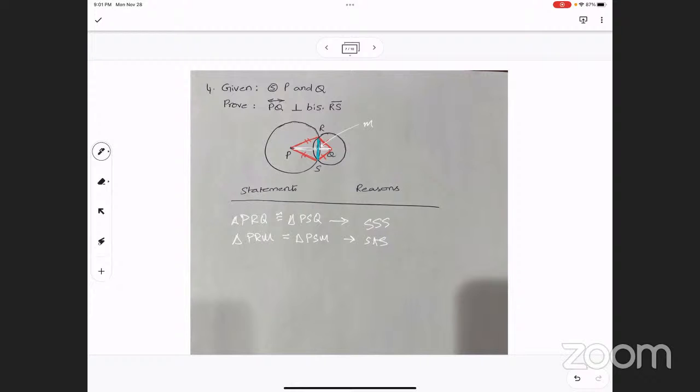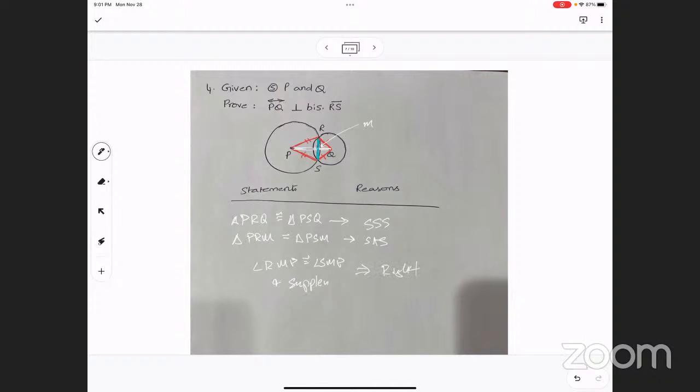Got it? And then by CPCTC, we say that angle RMP is congruent to angle SMP, and also they are supplementary, so that would automatically make them right angles.